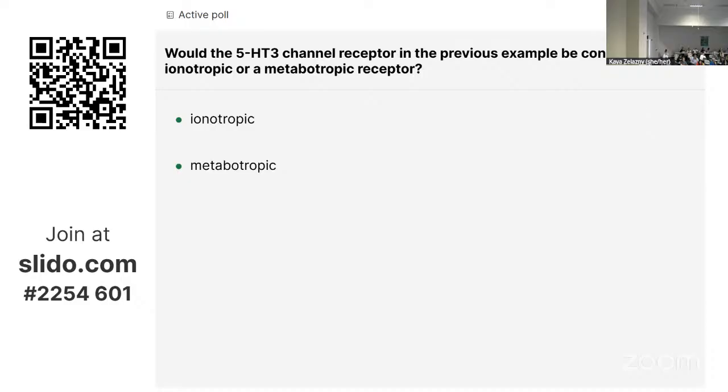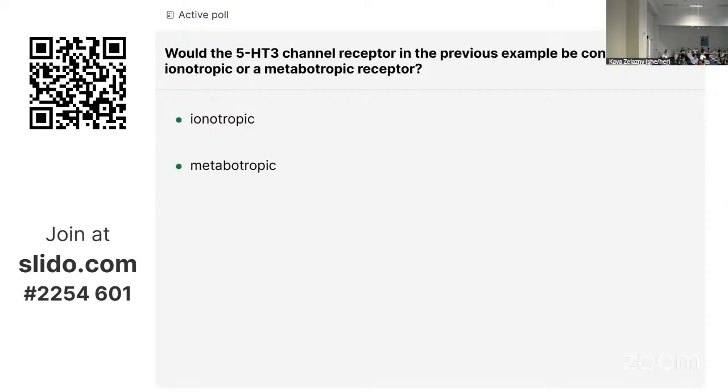We also named our types of receptors. So just as a quick review of that bit. So we mentioned this 5-HT3 channel receptor that serotonin can activate. So our other ways of naming our receptors were ionotropic and metabotropic. And we want to make sure that we can link up these terms.